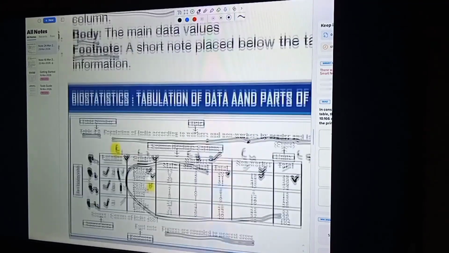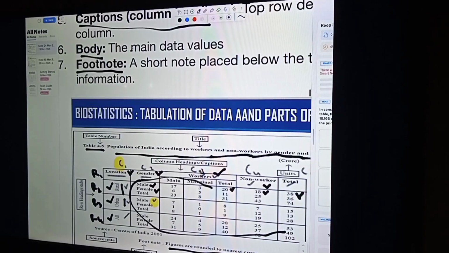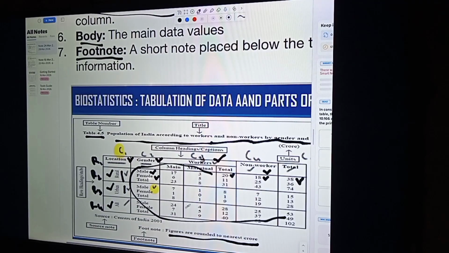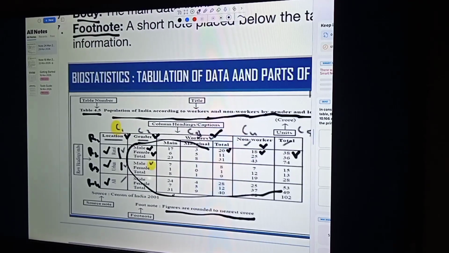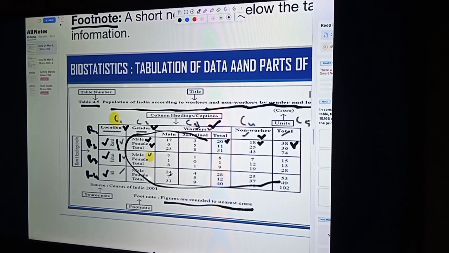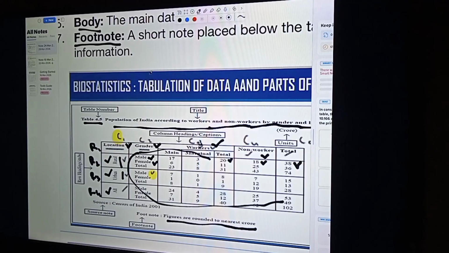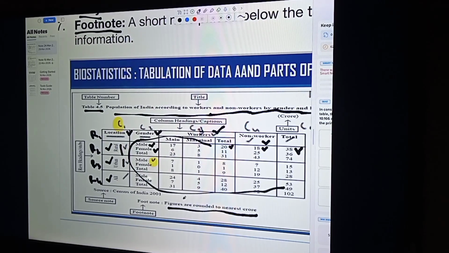Now this is the main body of the table, where the information is given. The last one is the footnote. A footnote is a short note.